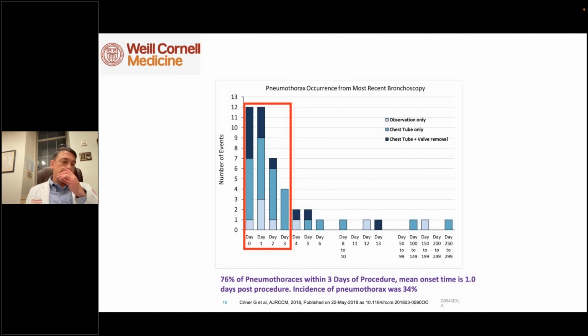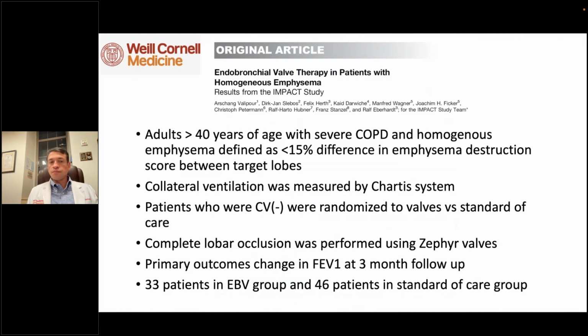So a pneumothorax is not necessarily a marker for bad outcome. It may be viewed as a temporary setback, but all of the patients in clinical trials who developed pneumothoraces did just as well as those who did not.